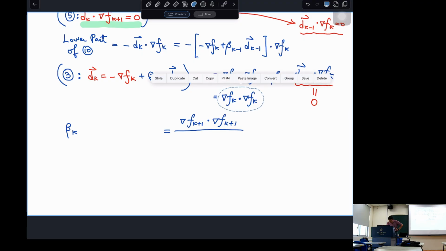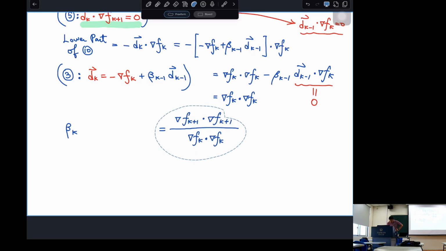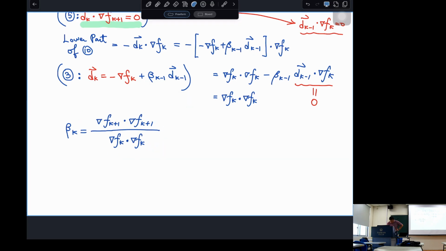Oops. Copy and paste. So finally, this is beta k. This is what you get, beta k. And how about beta k minus 1? Just minus all the index by 1.